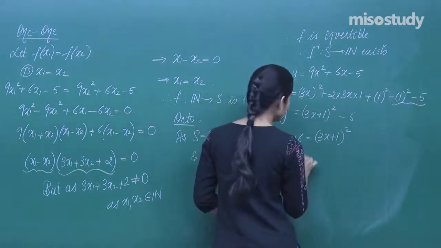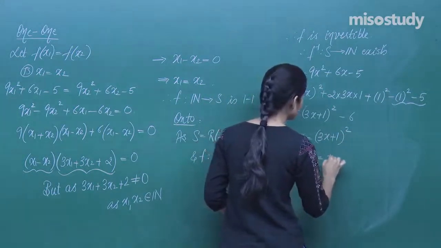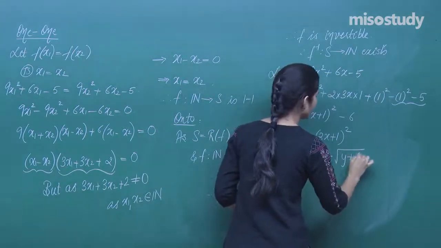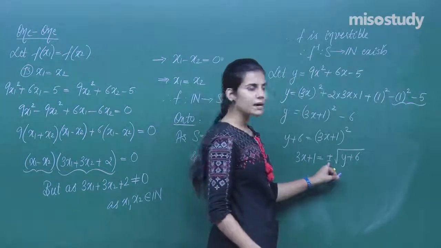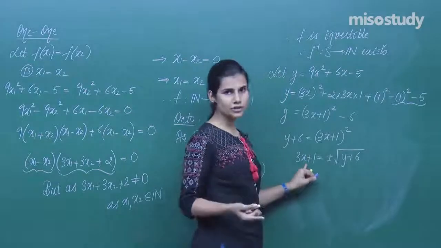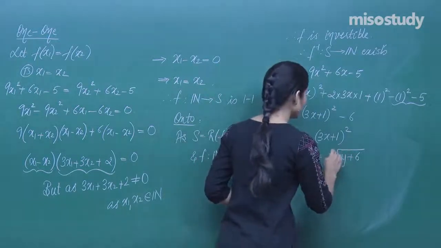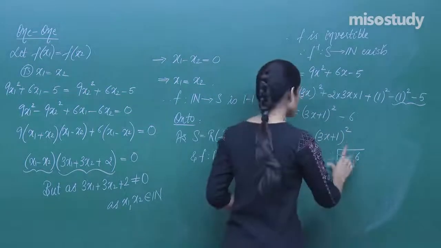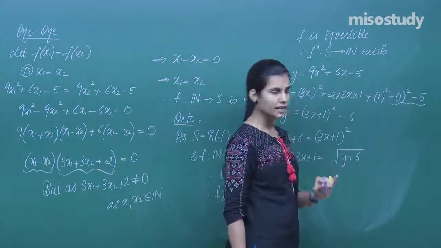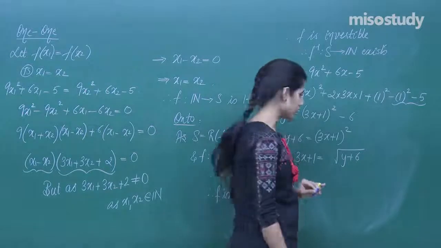Now you can write this as 3x plus 1 equals plus minus square root of y plus 6, but I will be avoiding writing the minus sign because x is coming from the set of natural numbers, which do not include any negative quantity. So there will only be a plus over here, but you will never take negative because x is coming from natural numbers.